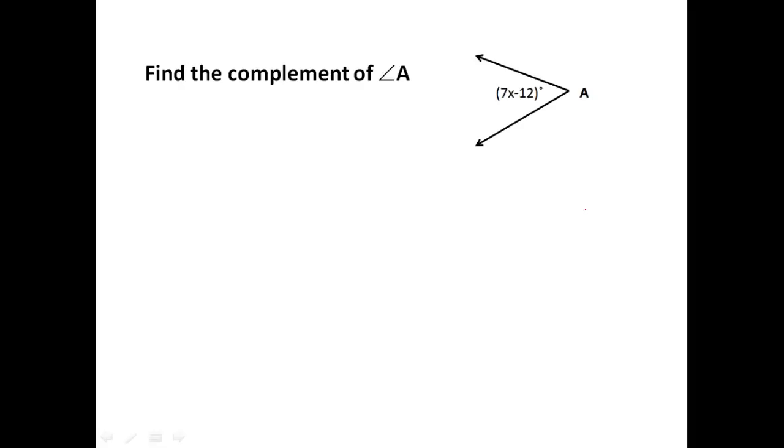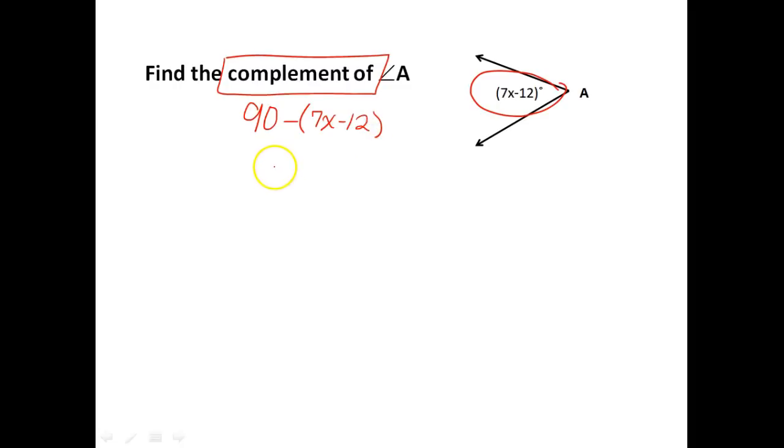All right, now let's find the complement of angle A. Complement of, so it's going to be 90 minus. And just because we have a variable, nothing changes, guys, okay? So you have 90 minus, angle A is 7x minus 12. So you have 90 minus 7x minus 12. Now you just do your algebra, guys. Don't forget to evenly distribute. That negative distributes.